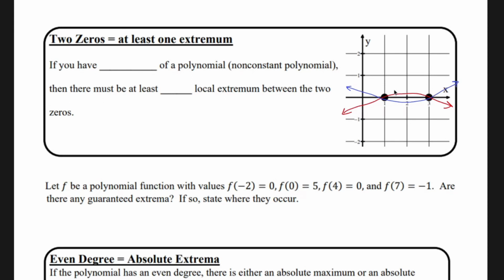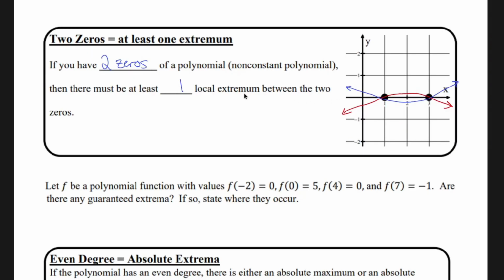At the very least, if you have at least 2 zeros of a polynomial, you will have at least one local extrema. So we will write out: if you have 2 zeros of a polynomial, there must be at least one local extremum between the two numbers.